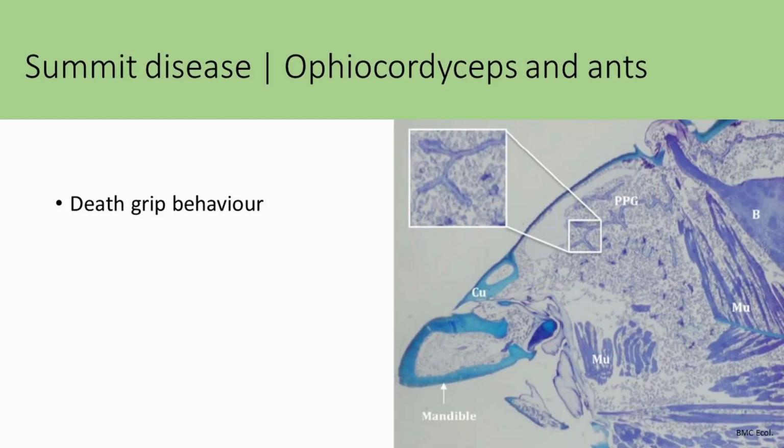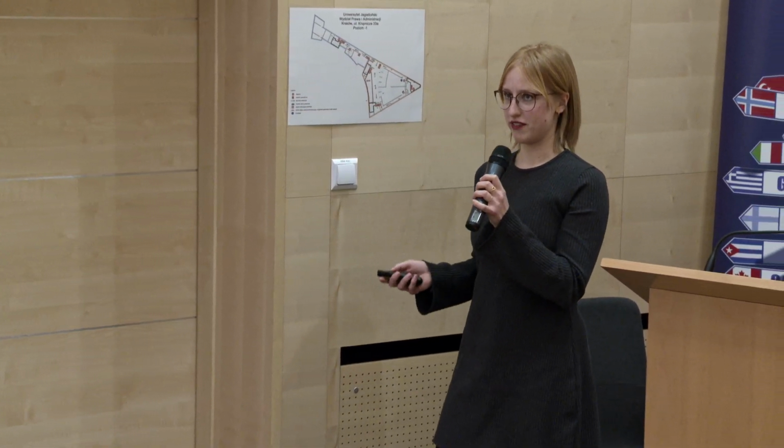And the most popular example of zombie-like insects you may have heard of is the Ophiocordyceps, which infects ants. And this is actually very interesting because upon infection, the fungus makes it so that the ant leaves its colony, but not too far away.